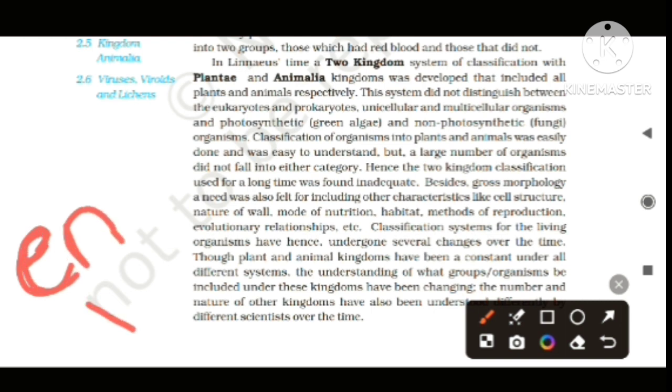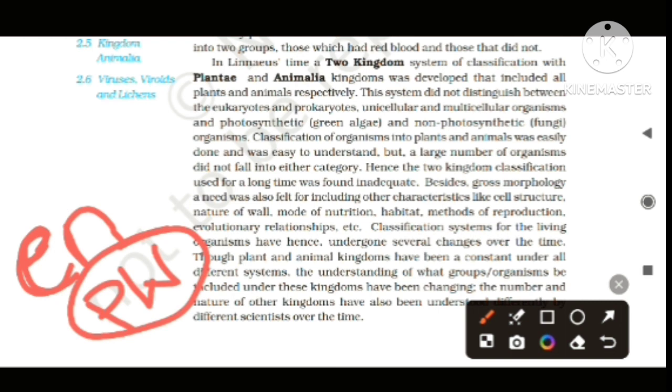N and P, W. You know the physics wala. Yes, remember it. When you find it difficult to remember, then you have to make tricks.